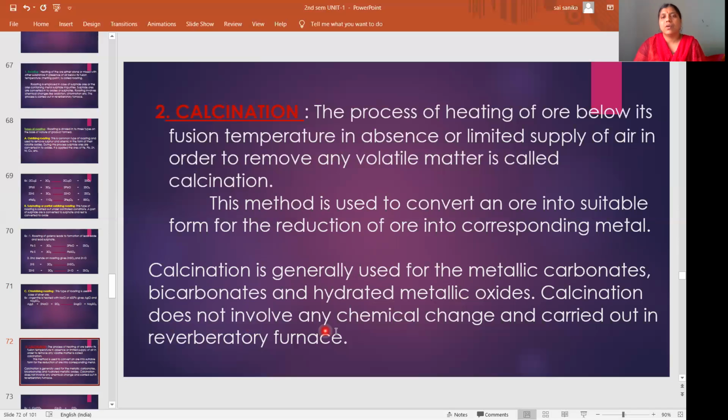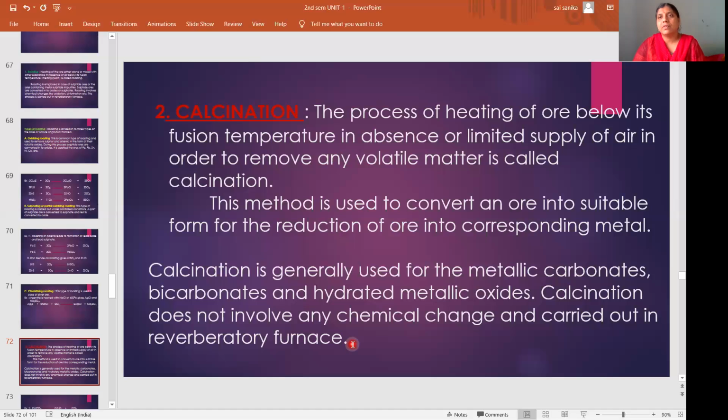Calcination does not involve any chemical change and is carried out in a reverberatory furnace. Whereas roasting involves chemical change, calcination does not involve any chemical change. So you got the difference between roasting and calcination. In roasting, we heat the ore in the presence of air.